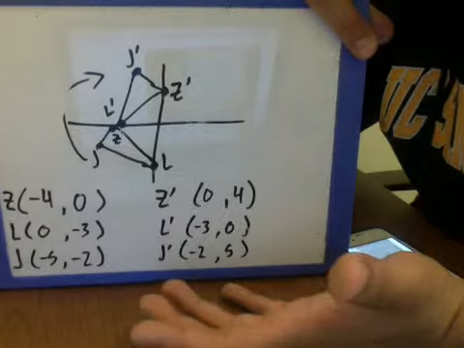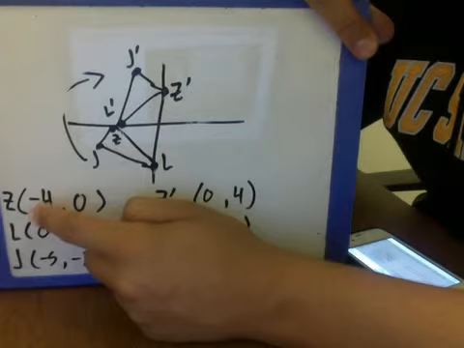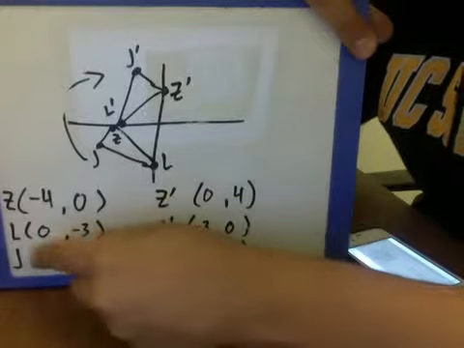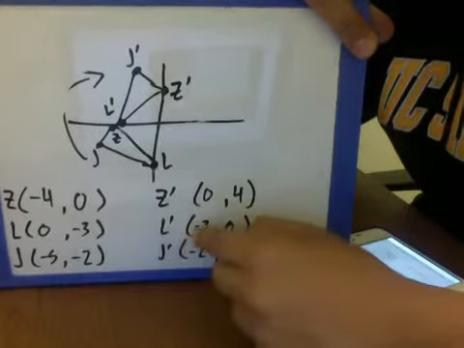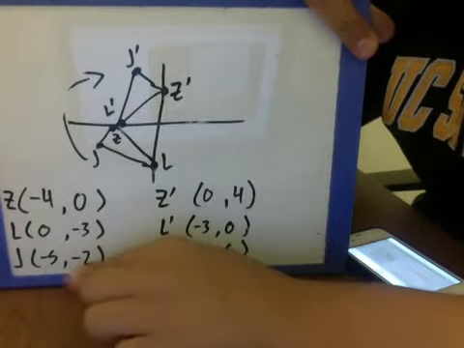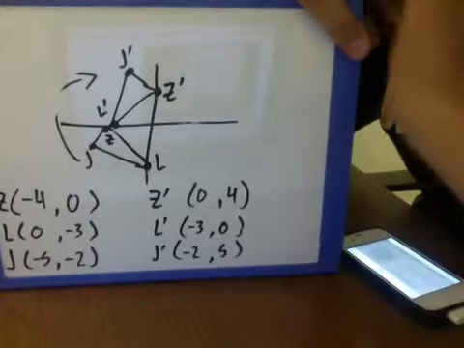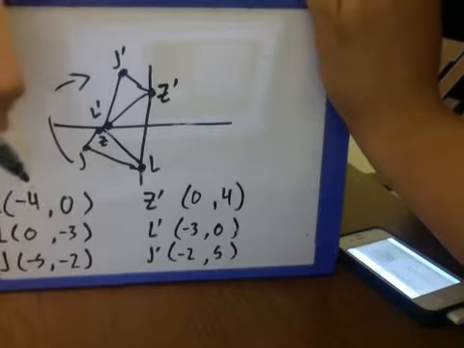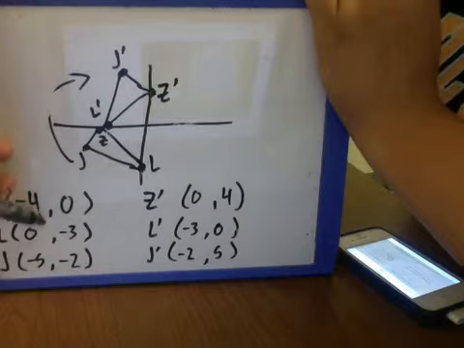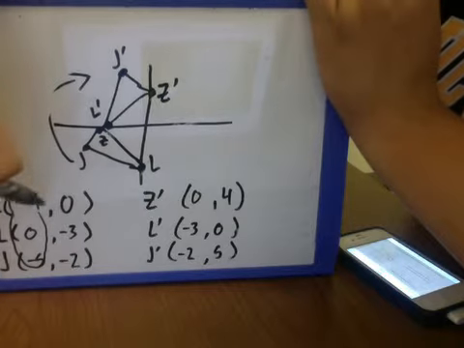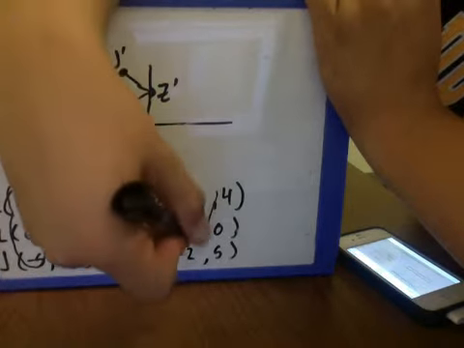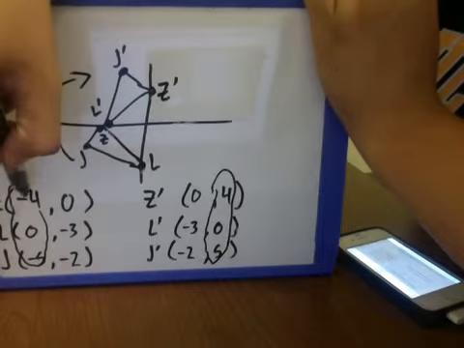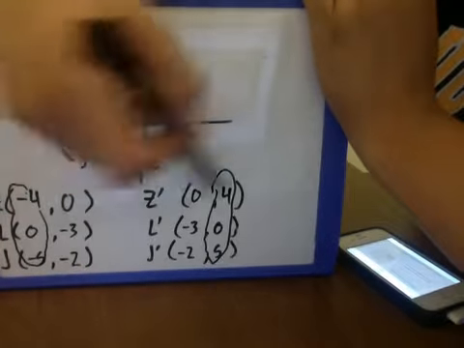Okay, what can we say about them? Well, we see that we have a -4 and a 0 here. Over here we have a 0 and a 4. A 0 and -3 here, then a -3, 0. -5, -2, -2, 5. So when we're comparing them, what we can say is that all the first numbers became the second numbers, except that the negatives became positive and the 0 stayed a 0.